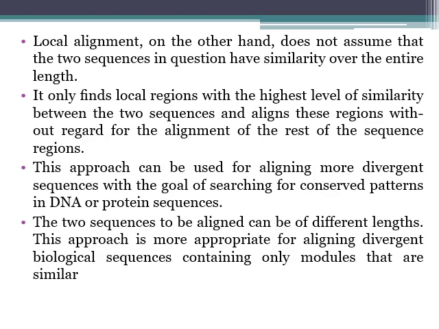Now this approach can be used for aligning more divergent sequences with the goal of searching for conserved patterns in DNA or protein sequences. The two sequences to be aligned can be of different length, and this approach is more appropriate for aligning divergent biological sequences containing only modules that are similar.